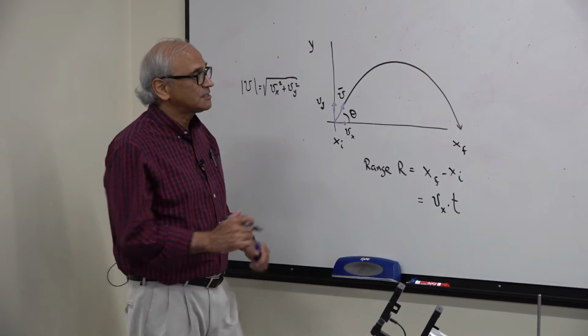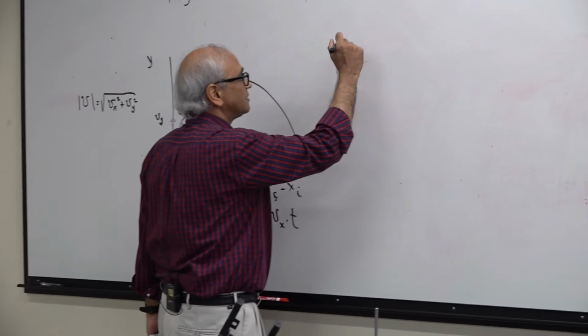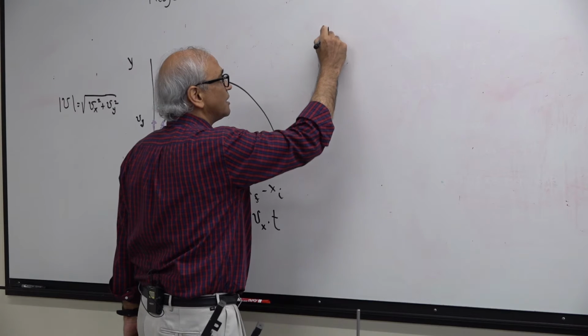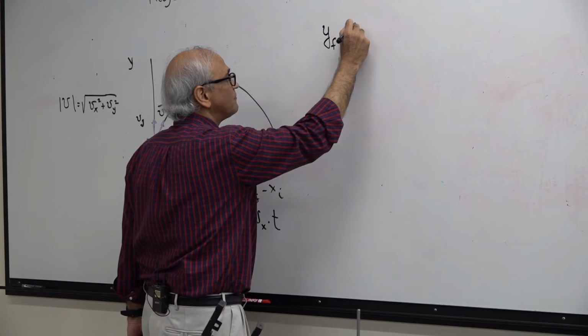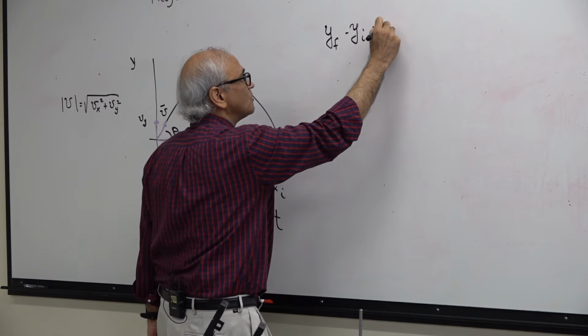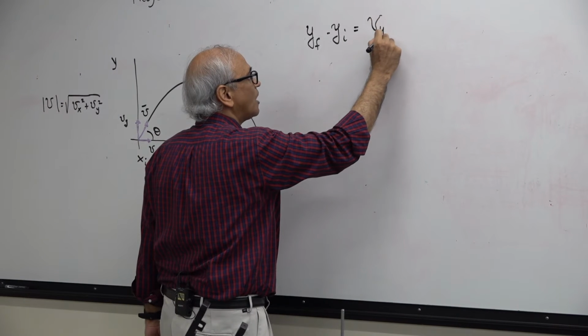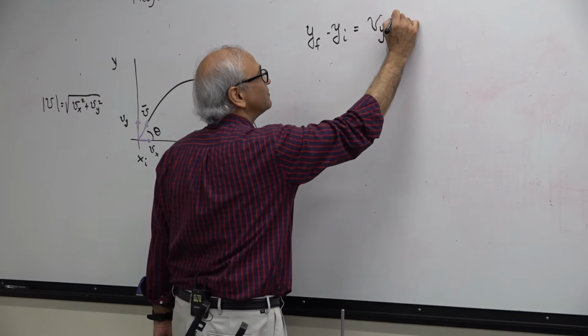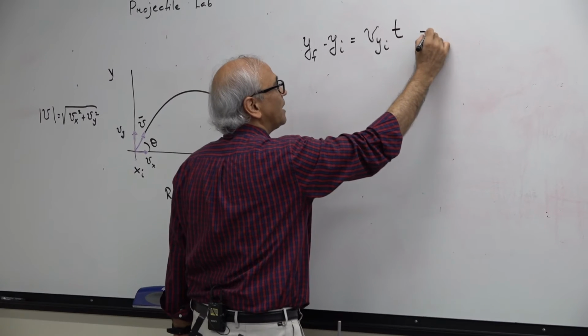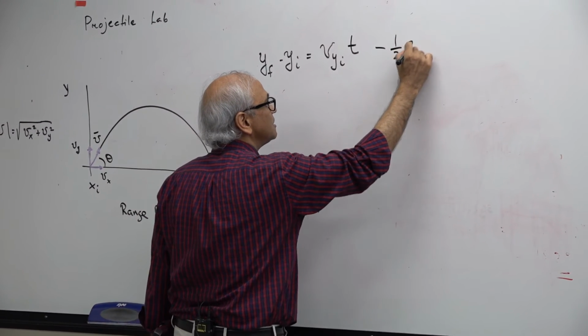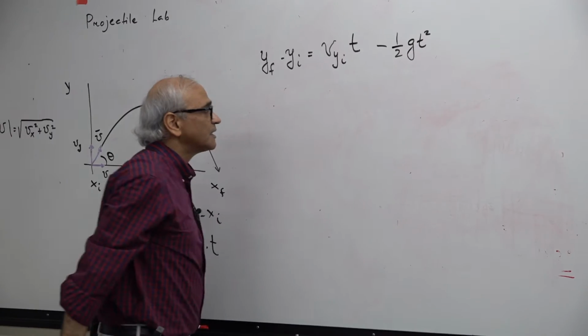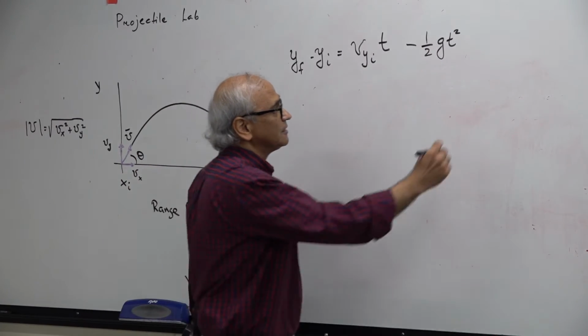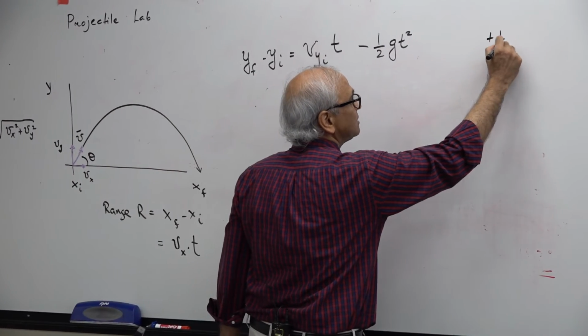So let's look at another kinematic equation, and the other kinematic equation is our second kinematic equation, yf minus yi equals Vyi t minus half g t squared. Usually this is plus half a t squared, right?